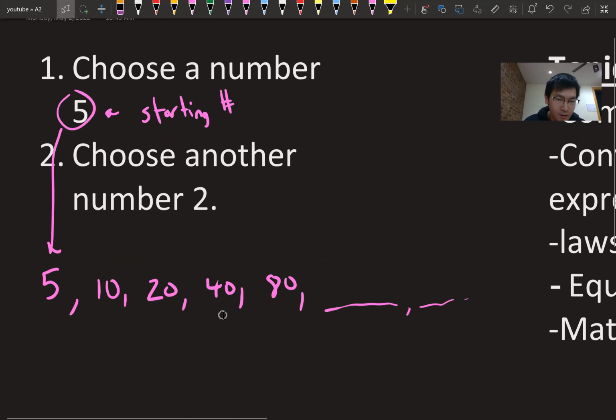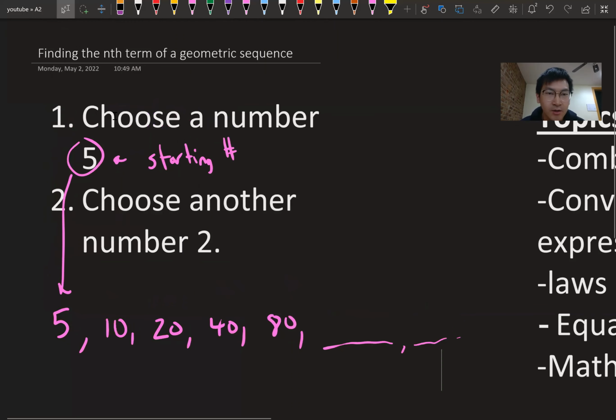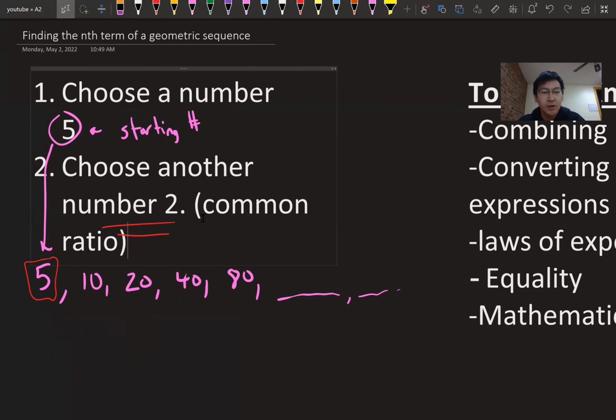So what we just did was create a geometric sequence. With this starting number and this second number, the thing that we multiply by, this is called the common ratio for a geometric sequence.